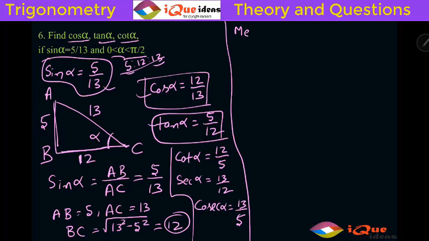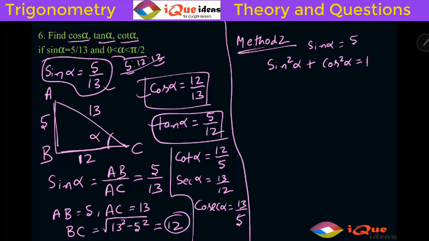Now the other method, let's look at this carefully. Method 2 can be taken as, we can take help of formulae. We have a formula sin square alpha plus cos square alpha equal to 1. And it is given that sin alpha is equal to 5 by 13. So put the value of sin alpha in this and calculate cos square alpha. So sin square alpha will become (5 by 13) whole square plus cos square alpha equal to 1.